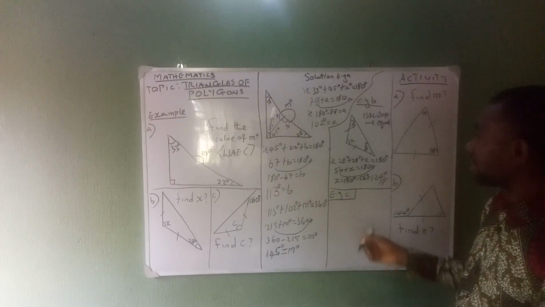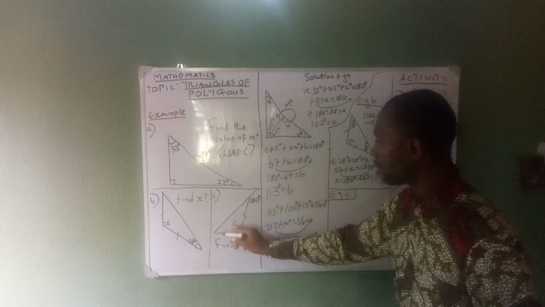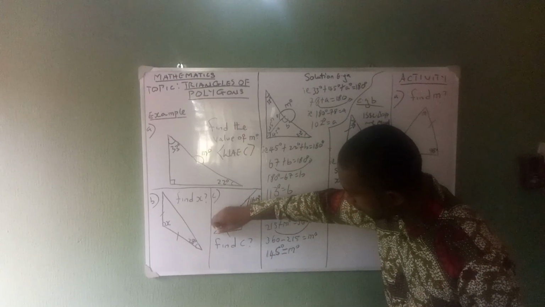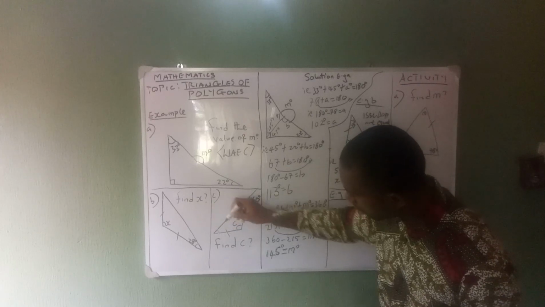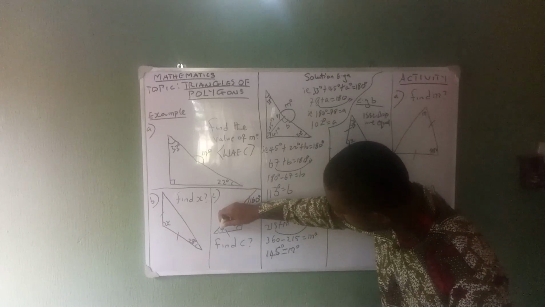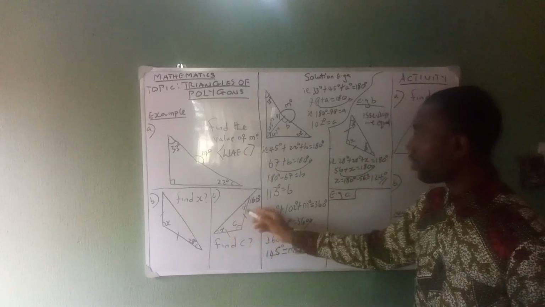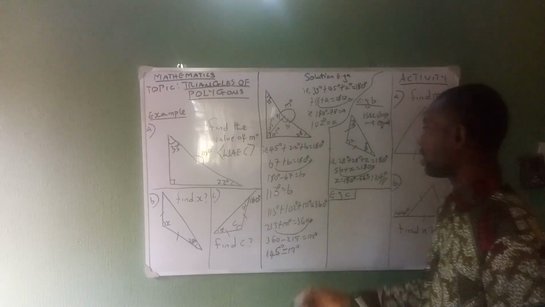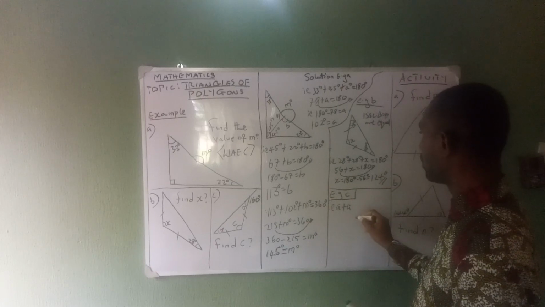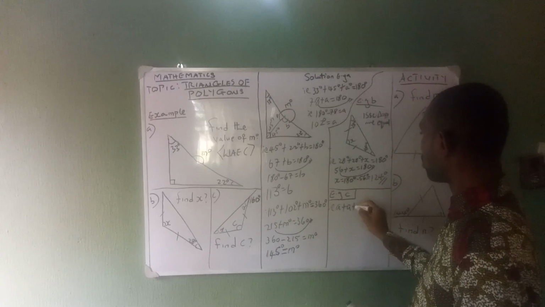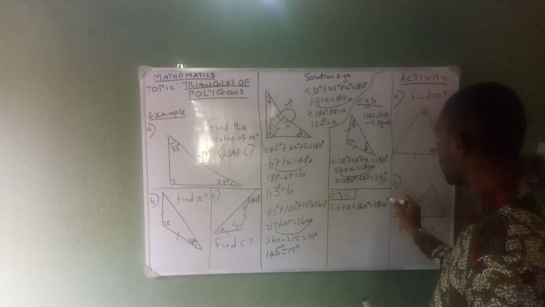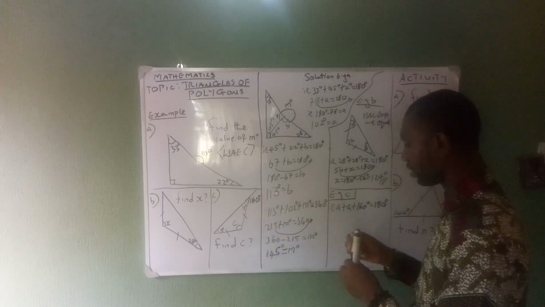So we can decide to call this A, and here also A. We'll call here A, we'll call here A. If we call both sides A, we have that A plus A plus 160 degrees will be equal to 180 degrees, angles on a straight line.